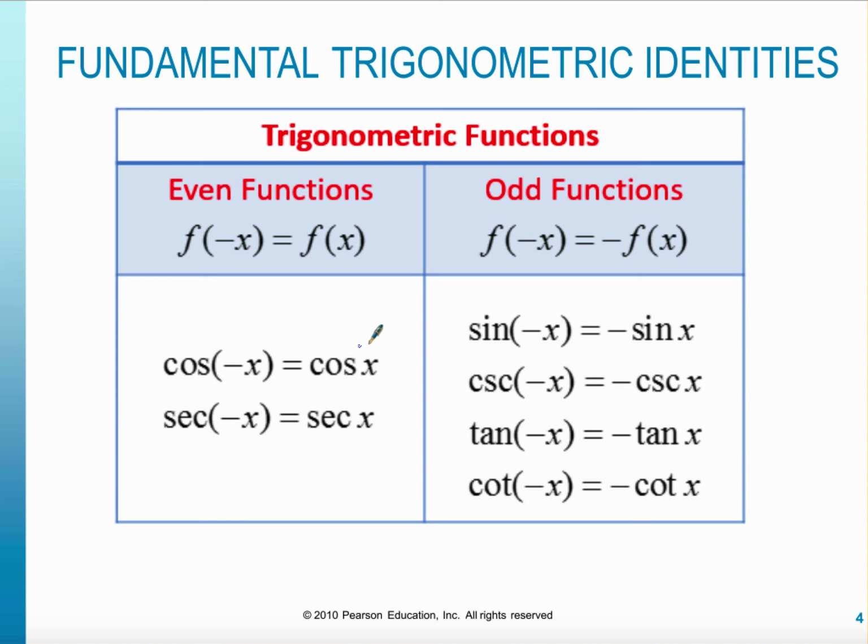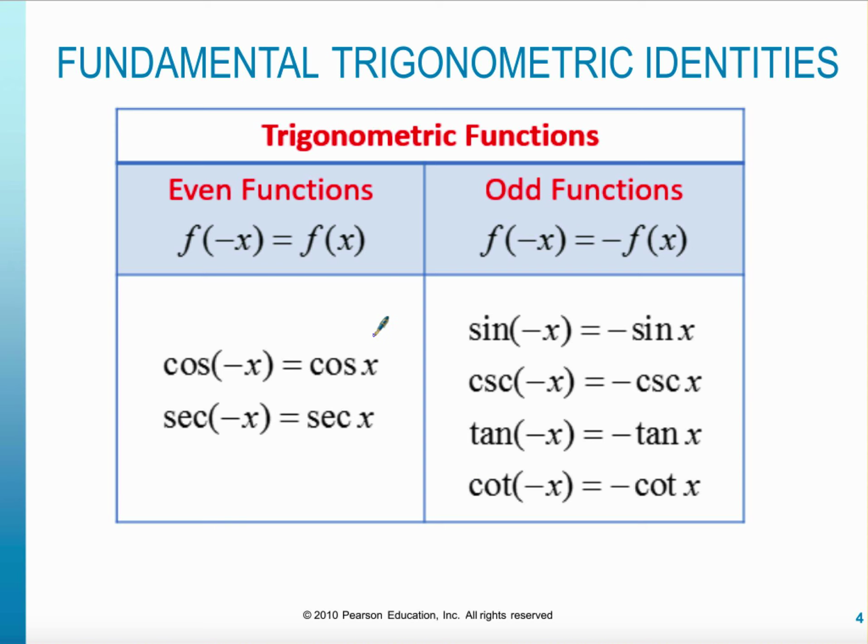So what this means is that cosine and secant, which are even functions, have that symmetry across the y-axis. When we substitute in a negative value for x, the result is the same as if we would have substituted in a positive number. Now, sine, cosecant, tangent, and cotangent are not symmetric about the y-axis.